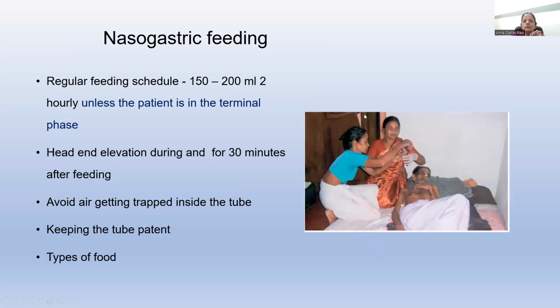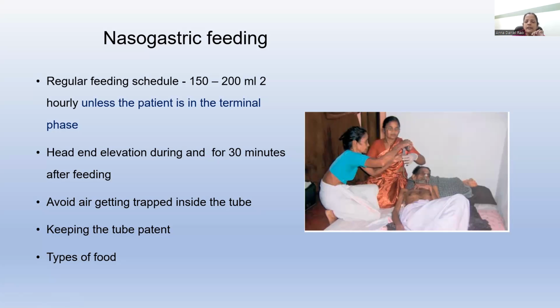Ideally 150 to 200 ml of diet should be given every 2 to 3 hours, unless the patient is in the terminal phase or is continuously denying, then do not force.